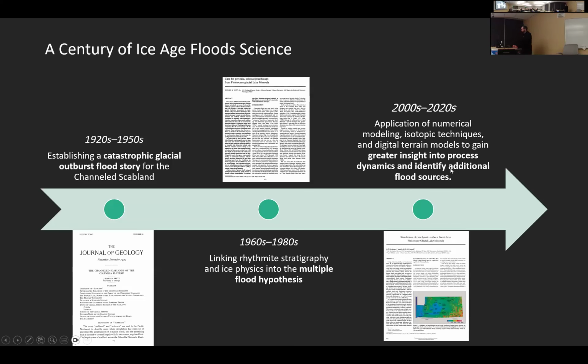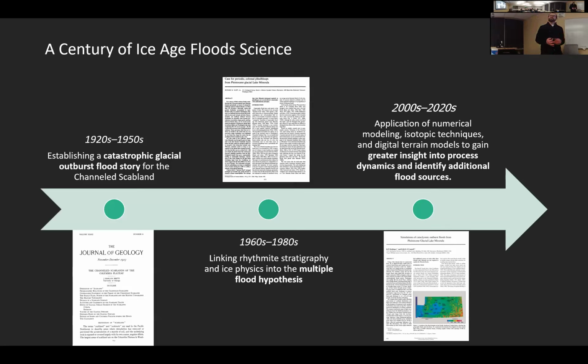And then in the 2000s and recently, numerical modeling. So I've showed you some numerical modeling simulations of ice sheets. You can also model water flow over the landscape, so simulating the actual flood flows. I talked about digital terrain models, LiDAR, isotopic techniques.